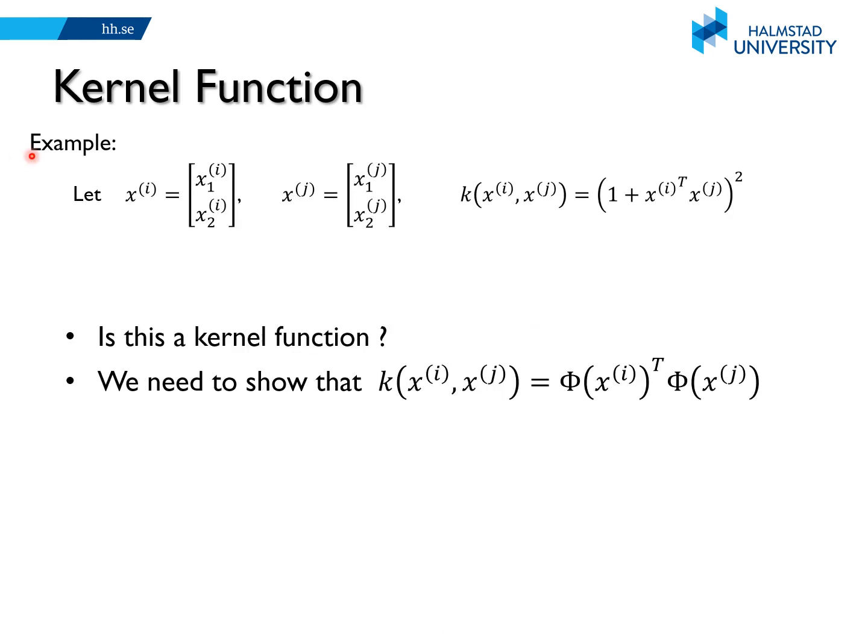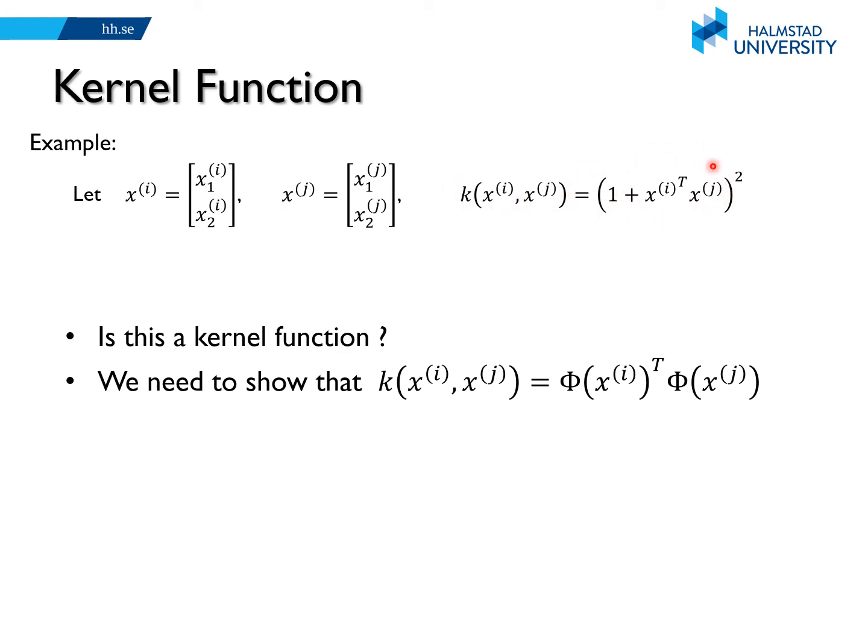To better understand what a kernel function is, let's take the following example. We have a two-dimensional data point or vector xi, and we have another vector xj. And let's say that our kernel function k is defined in this way.